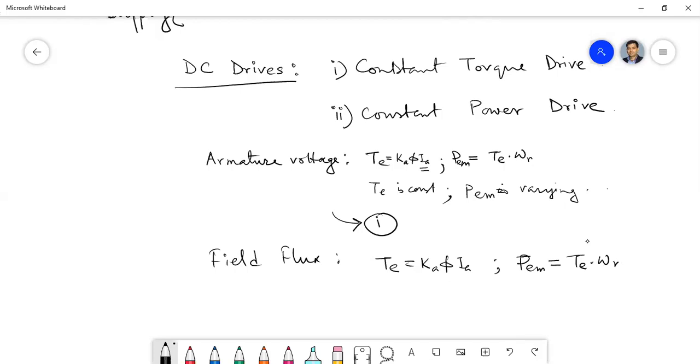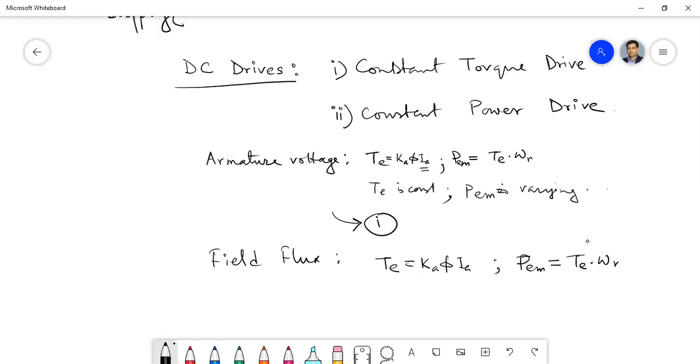In field flux control, the flux varies, and what about the current? Current also varies. If the flux is reduced, what about the current? Current increases. Ia increases.